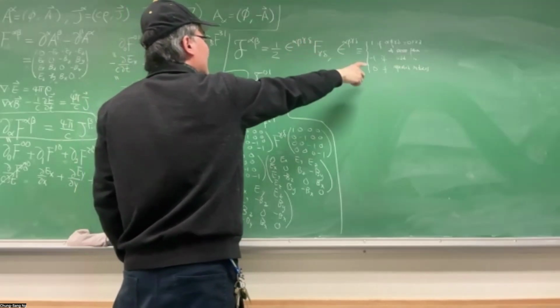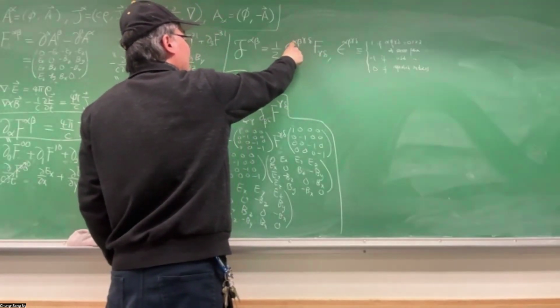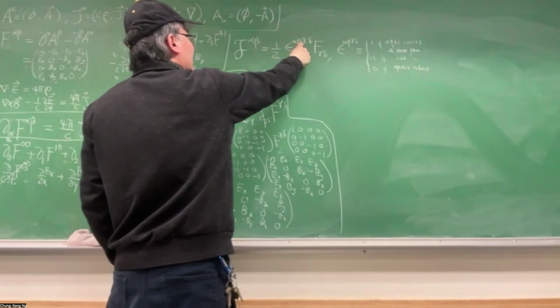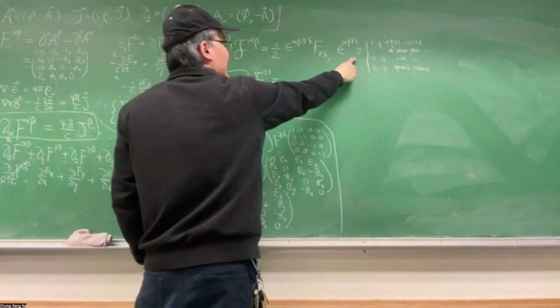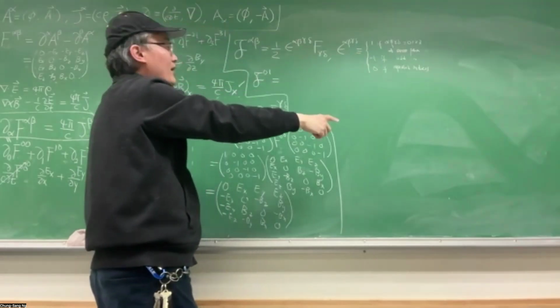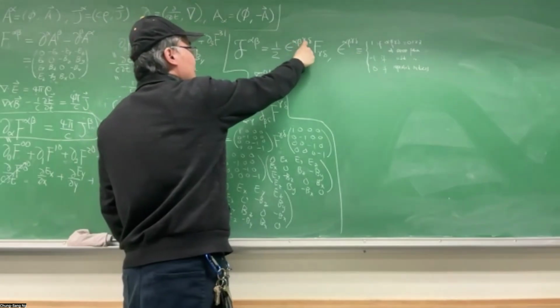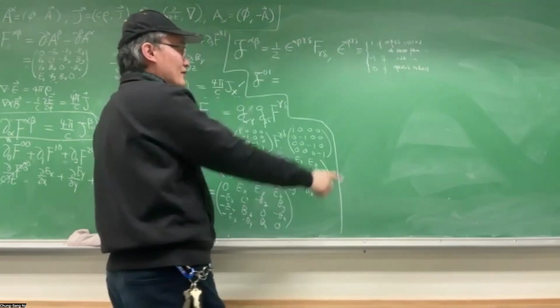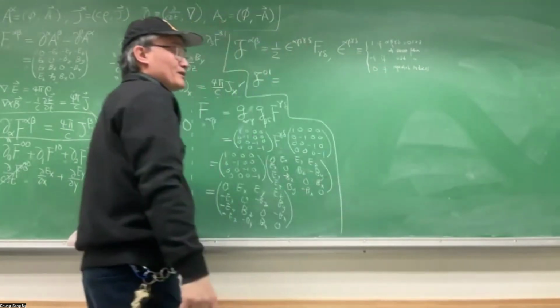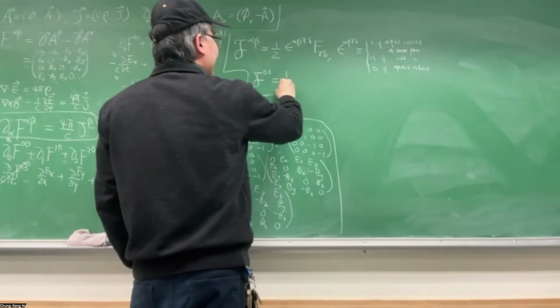But according to this rule, there are only 2 possibilities. You fix alpha beta as 0, 1, then the only non-zero possibilities are 2, 3 and 3, 2. All other combinations of gamma delta give 0, because of this rule. So you only have 2, so it's not too bad.